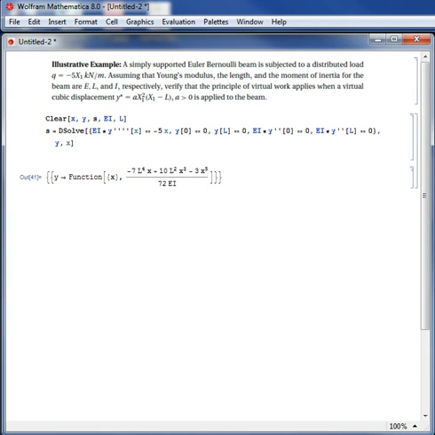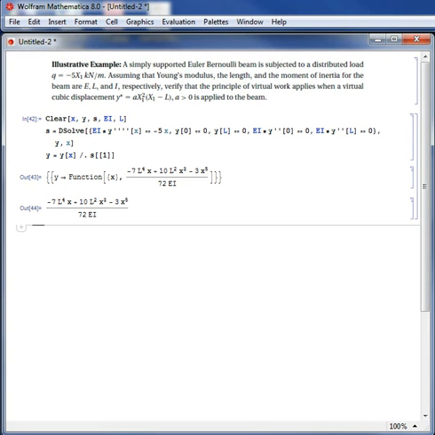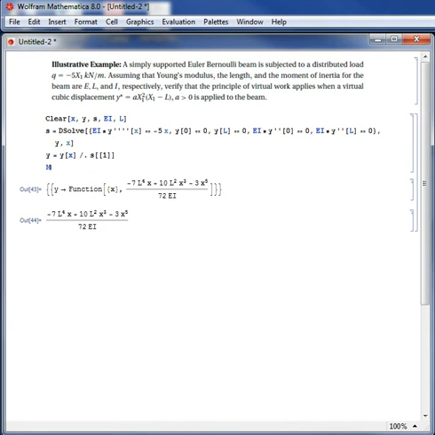And I'm going to capture the solution. Y is equal to y of x when I utilize that solution. Indeed, this is the displacement function of the beam, and the moment of the beam is equal to EI multiplied by the second derivative of y with respect to x.